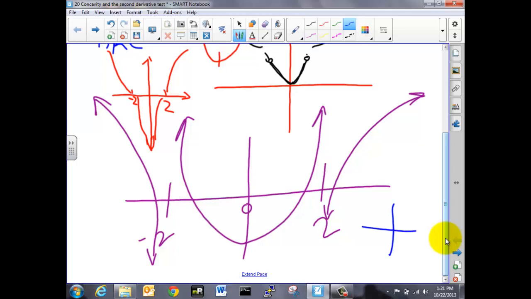Let's go back to something real simple, a parabola. The vertex is right there. The derivative is 0 right there. Would you agree? But is the function value 0? If I draw it up here, still the derivative is 0 right there, but the function value is not. And that's very confusing, okay?